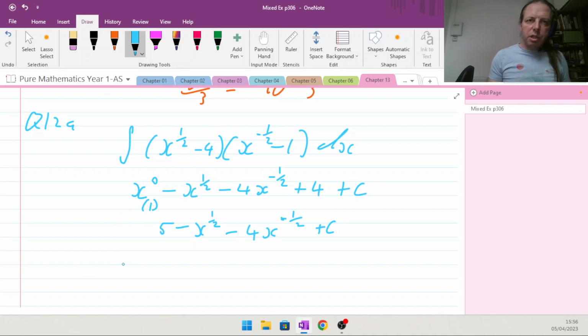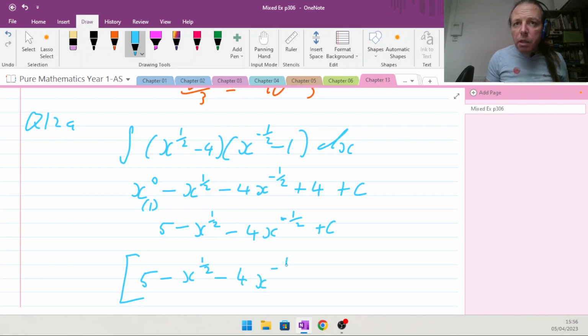And now they want us to do the integral of all of that between the limits of 4 and 1. So I'm just going to take this answer that we had to part A. We can drop the plus c, and we're working between 4 and 1.